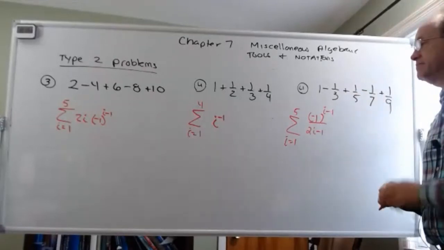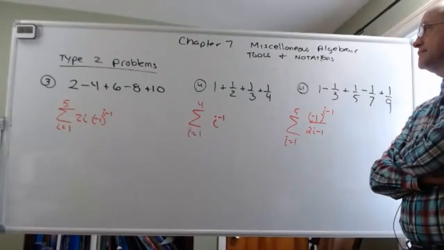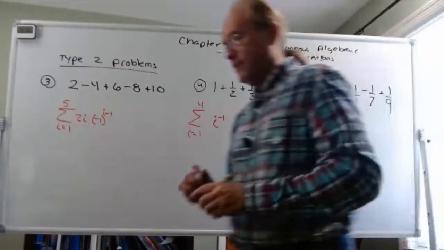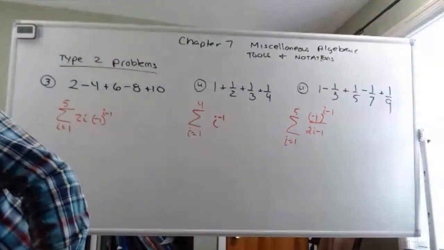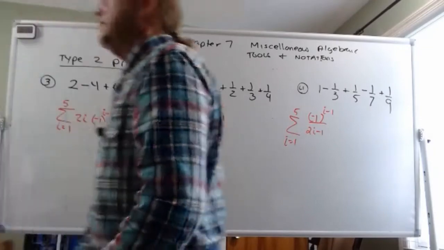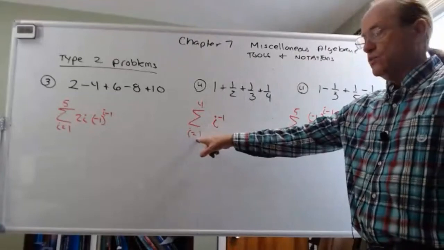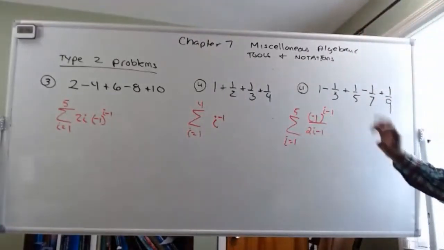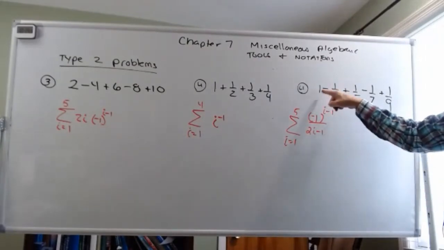It's not going to matter there. Okay, that's correct. I plus 1 and i minus 1 are the same. It all depends upon what value you start with. I could start with different numbers here and get different things. I just have to make it so that the first term is positive and then it's negative.